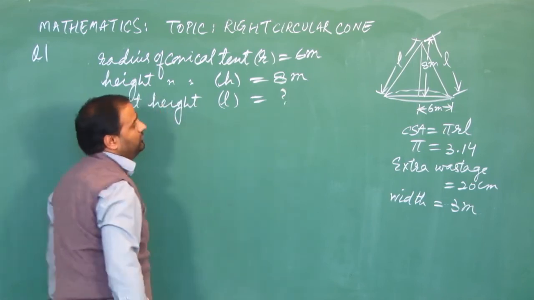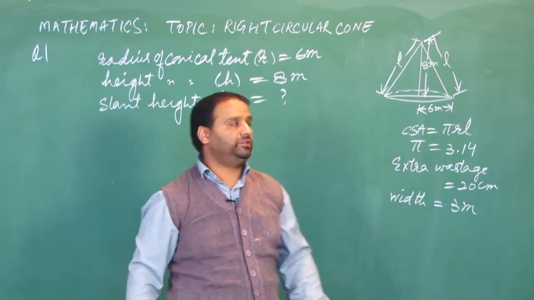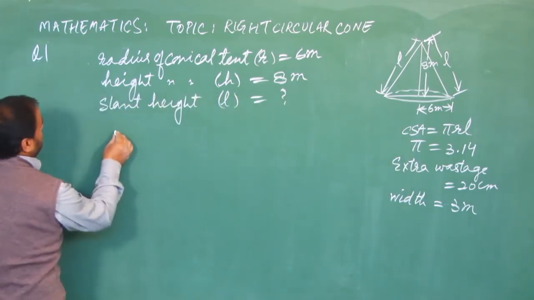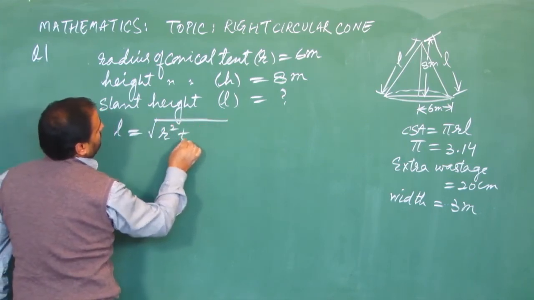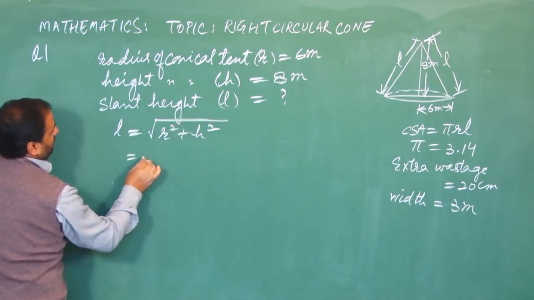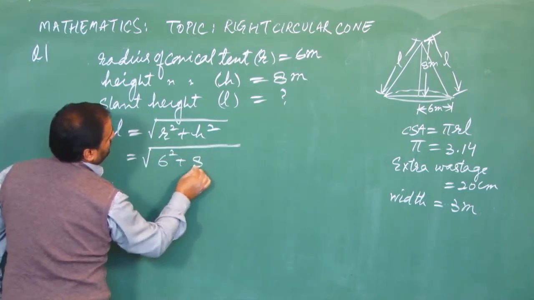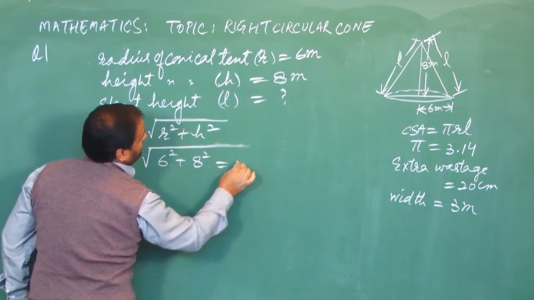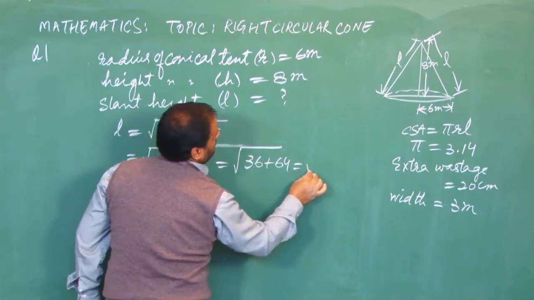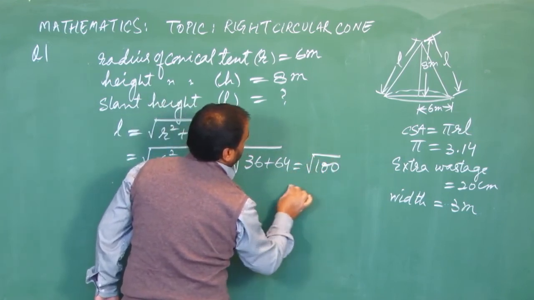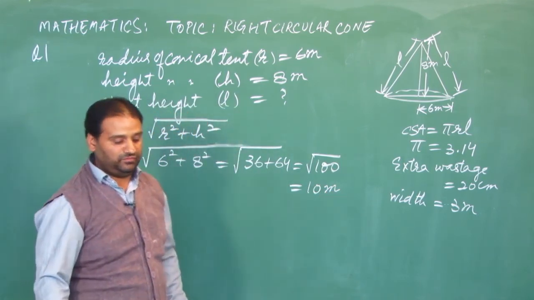So, to find out the slant height, we need to use the Pythagoras theorem: L, the slant height, equals the square root of r square plus h square. r is 6 square and h is 8 square. Now, the square of 6 is 36 and the square of 8 is 64. It is square root of 100. That is 10 square, or we can say the slant height of that tent is 10 meters.